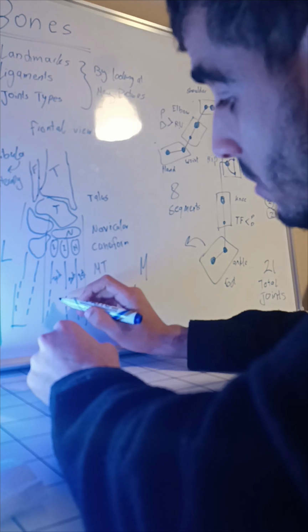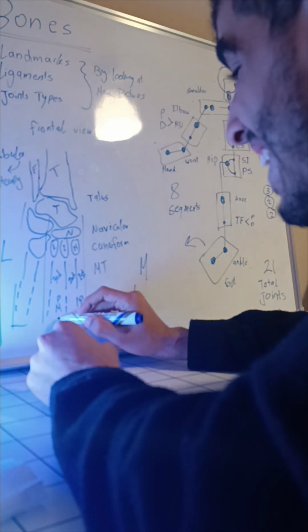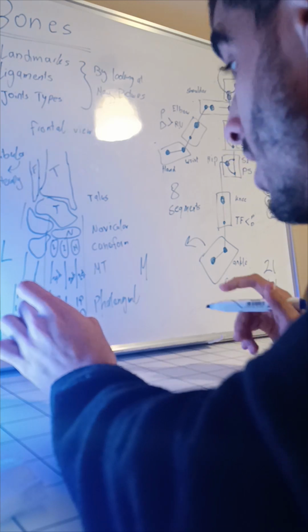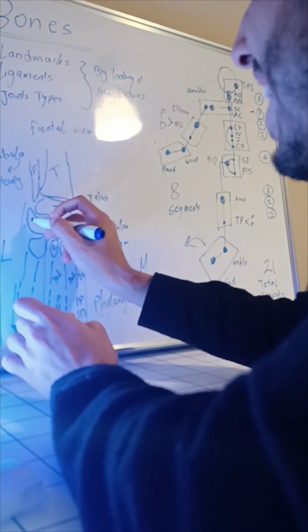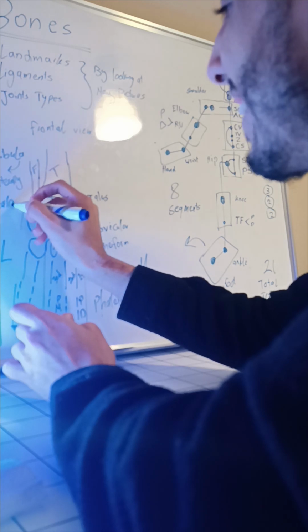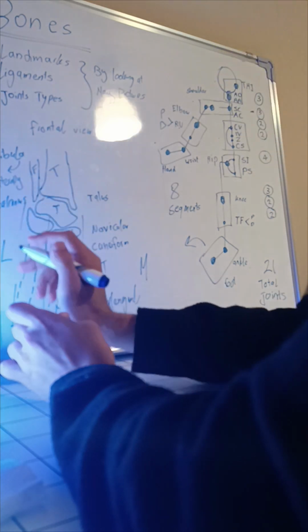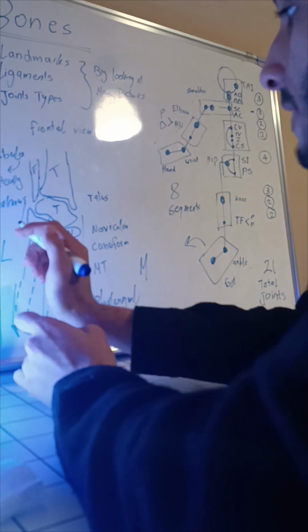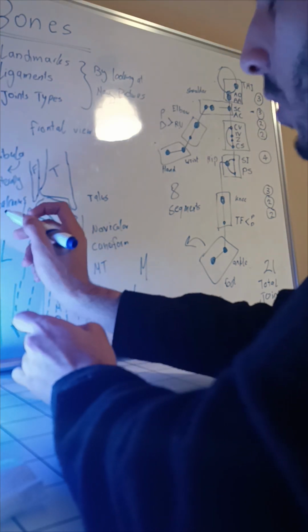The rest have the middle: proximal, middle, and distal, continuing into the three of them. All right. And in this part, we're gonna have the calcaneus. In the calcaneus, we're gonna have the cuboid.